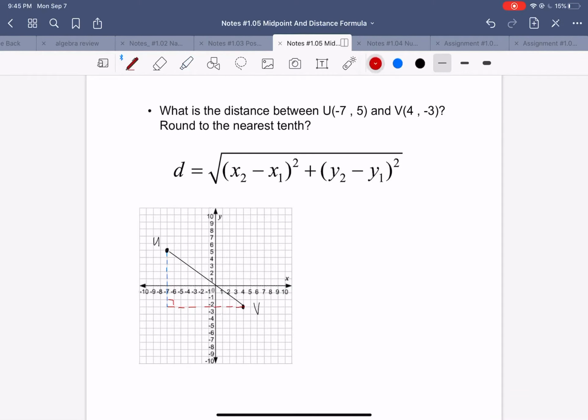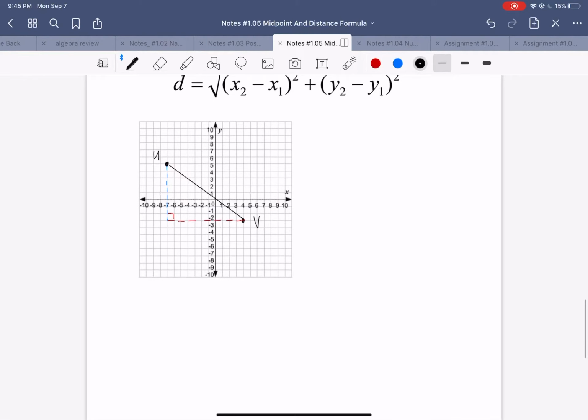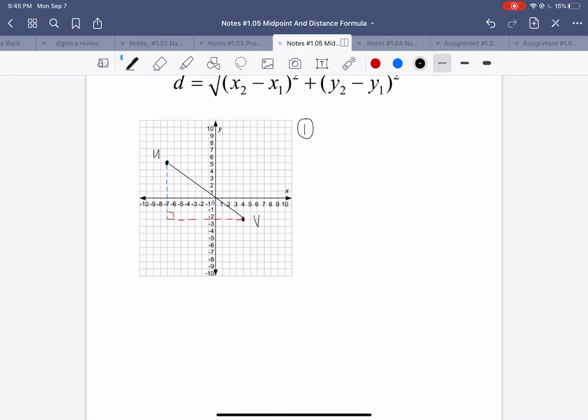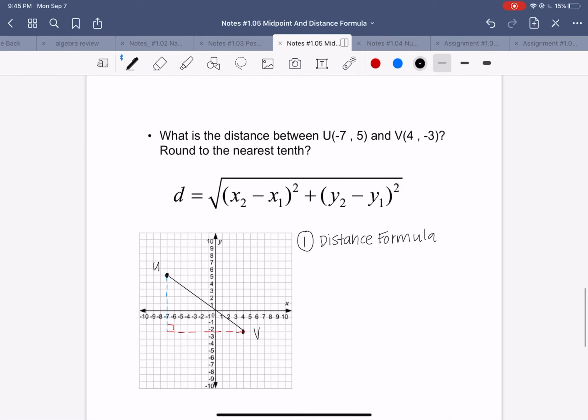Okay, so for this first one, what is the distance between U, which is at -7, 5, and V, 4 and negative 3, round to the nearest tenth. So there's two ways we can do it. We can use the distance formula, which, by the way, either way, it's the same. So we're going to label our x's and our y's.